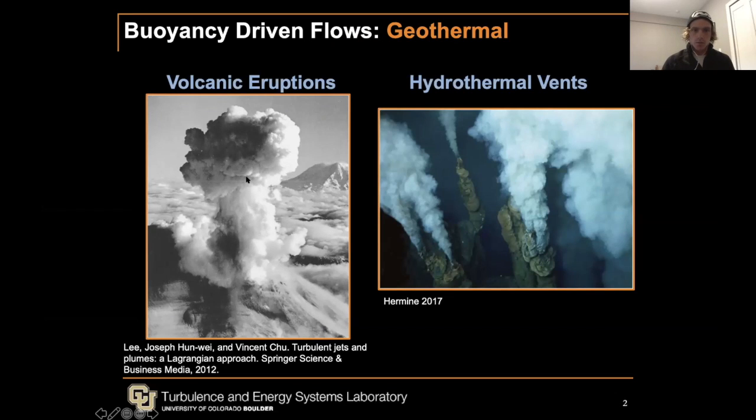In the geothermal context, we see volcanoes, where volcanoes are expelling hot gases, and this accelerates upwards due to buoyancy, or hydrothermal vents, where deep sea magma heats up the cool ocean water, and then it's expelled through these crevices.